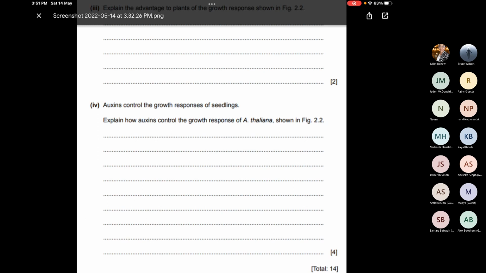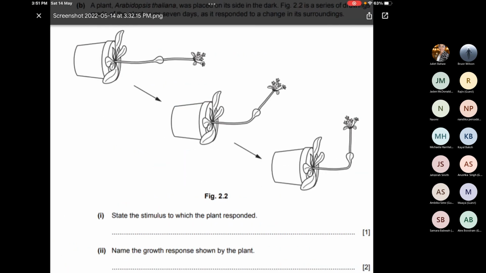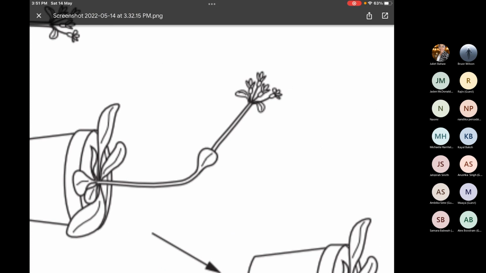Now, what do you remember with auxins? Auxins are found at the tip of the shoot. So because the stem is bending upwards, that means the auxins would have been situated at the back region of this tip here.